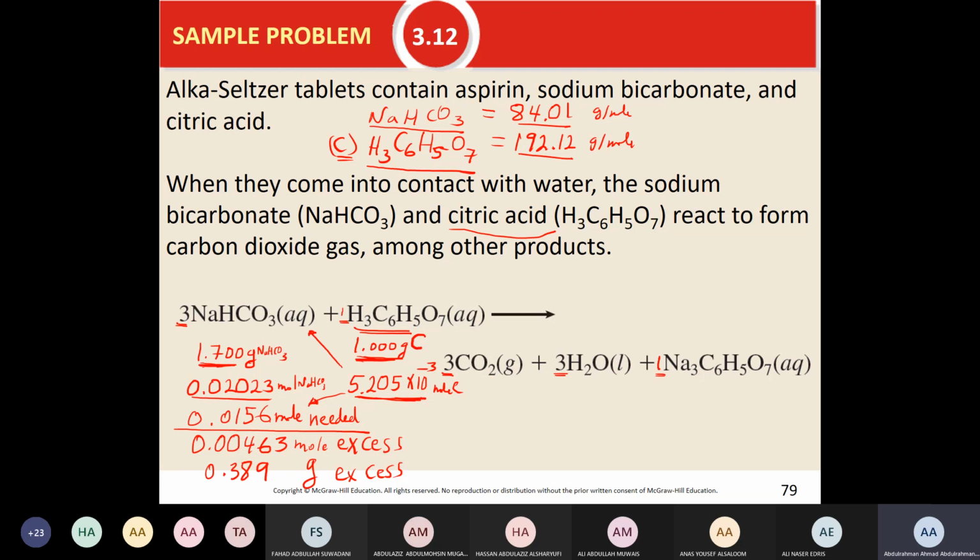So that's what will be needed to make the reaction complete. And the rest, the difference between this one minus this one, will be extra or excess. If you subtract 0.0156 from 0.02, you will get this one as excess, not used, and I changed it to gram.